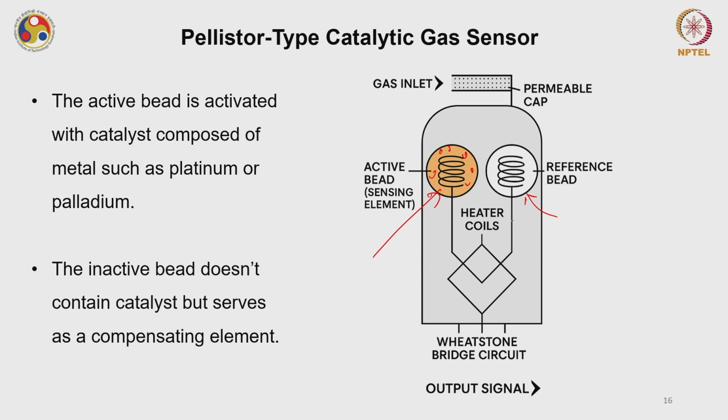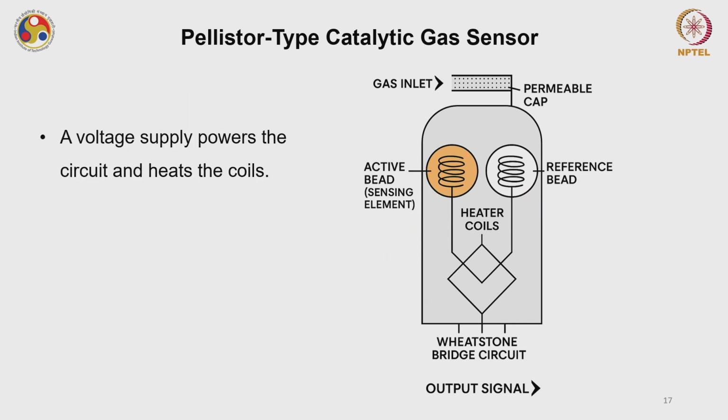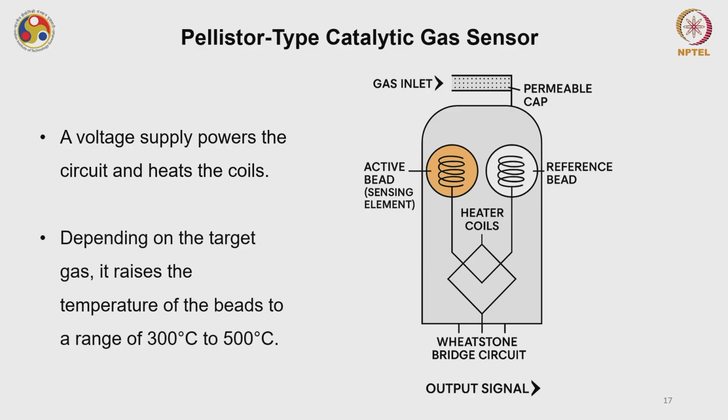But please note that you still have a platinum wire present there. A voltage supply powers the circuit and heats up the coil. Depending on the target gas, it raises the temperature of the bead to a range of 300 to 500 degrees Celsius, and we are still talking about the active bead.